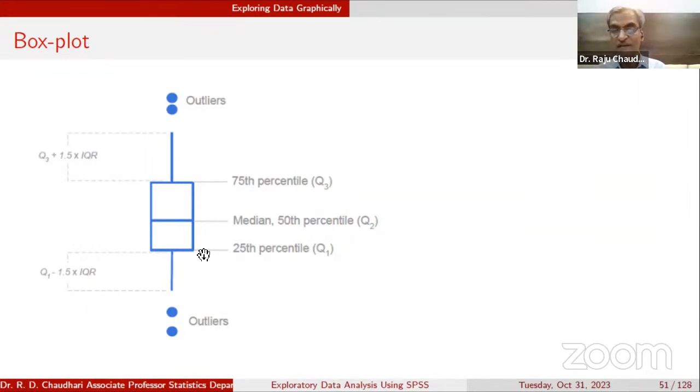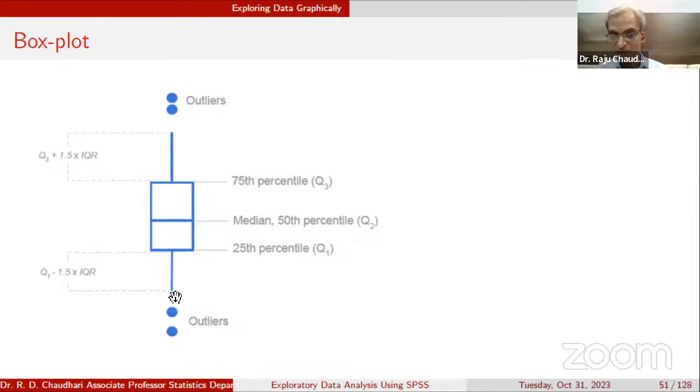So this is the value of Q1. And if you are subtracting something from that, you are moving to the bottom, right? If you rotate this plot clockwise, subtracting means moving to the left side. And if you are adding, Q3 plus 1.5 IQR, you are moving to the right side. So any observation which is below Q1 minus 1.5 into IQR is considered an outlier.